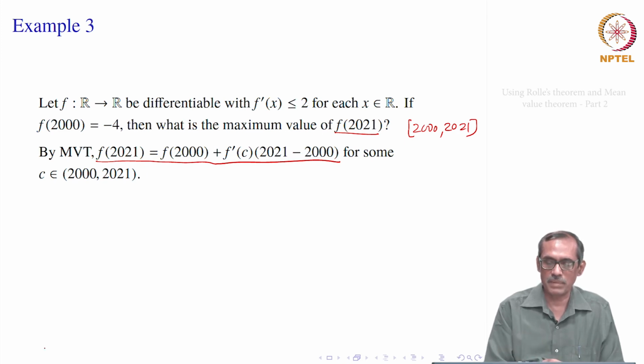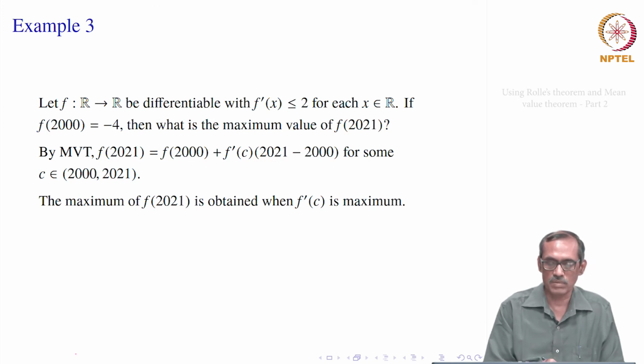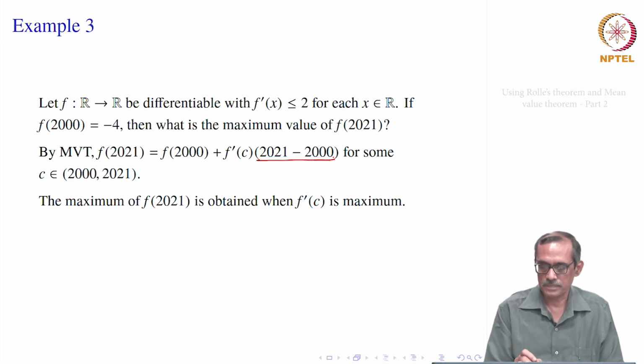Okay. Now, since f prime c is less than or equal to 2, we can have some estimate for f of 2021. You see f at 2000 is minus 4, it is some number, and f prime c is multiplied by a positive number, 2021 minus 2000. So, if f prime c becomes the largest, which is 2 here, then this expression will be largest.